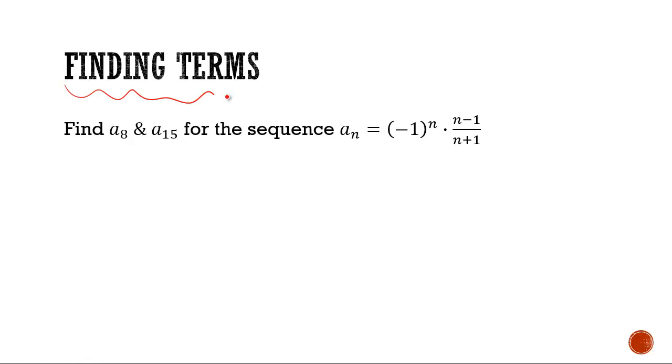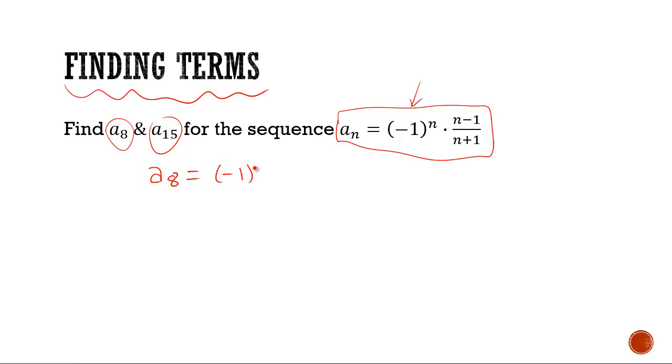What about if you're given the general term of a sequence and you're not asked to list the first 5, but you're asked to find, say, the 8th term or the 15th term? Well, having a general term really helps with that. So A8, you're just going to plug in an 8 in for n. It's just like a function. So let's see what happens with that.